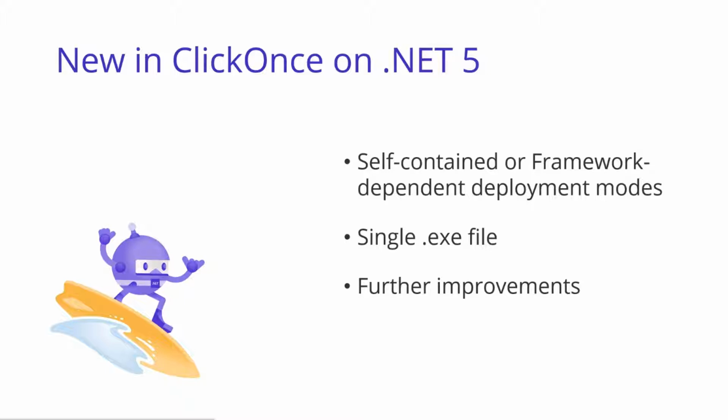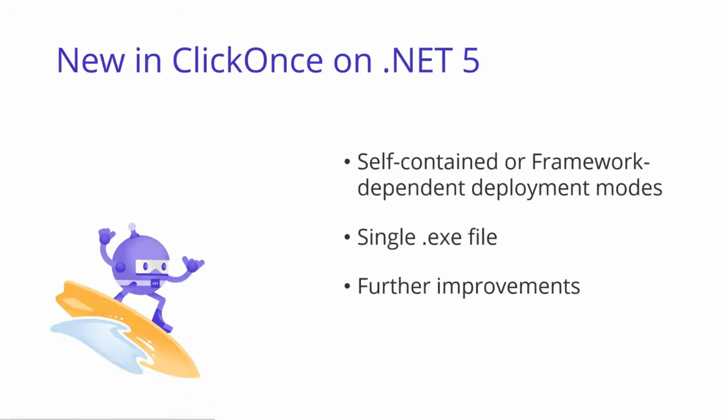But you can also do a self-contained deployment. And in this case, the required platform, in our case .NET 5, will be packaged with your application. And on your machine, you don't have to worry about any pre-configuration. This application has everything it needs to run with it, and you can just send it to your clients and worry no more about the version of .NET that is on their machine.